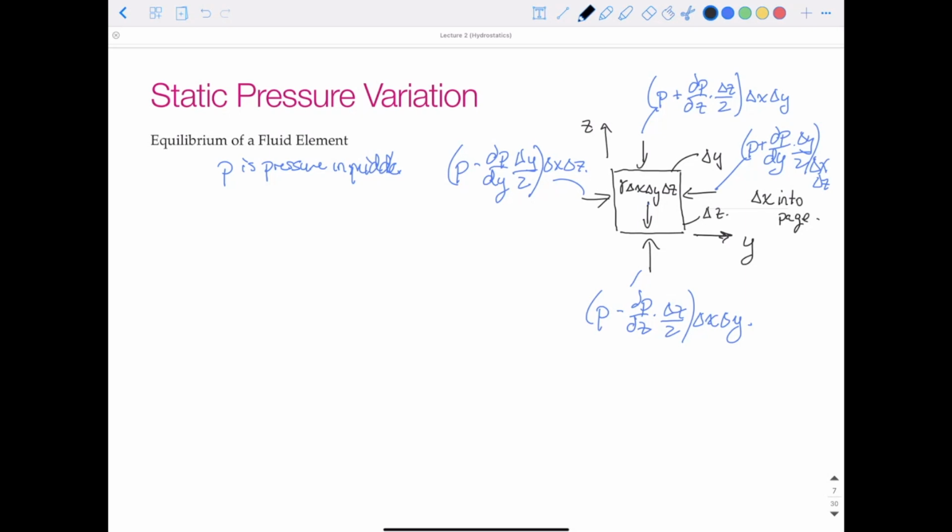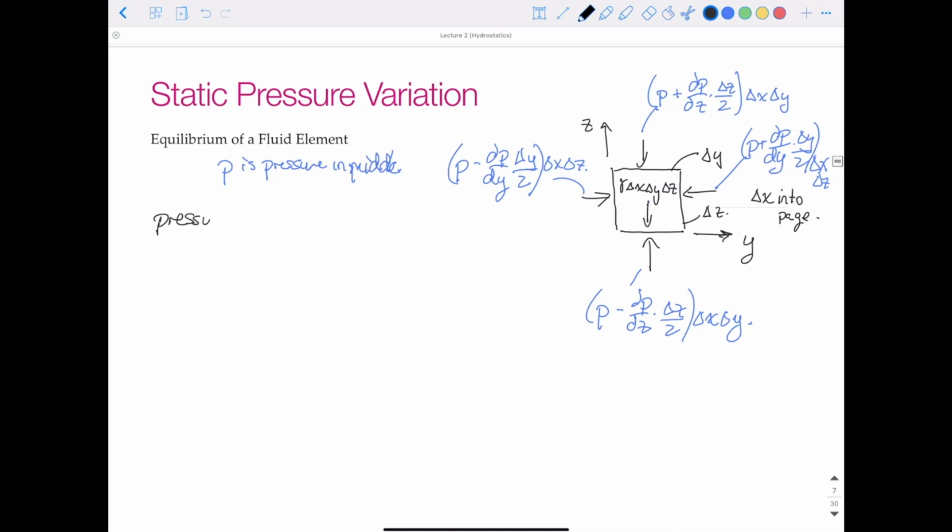So before we do the sum of the forces, we can write some things that we know. We know that the pressure doesn't change in the X and Y directions. So pressure is constant in the horizontal direction.